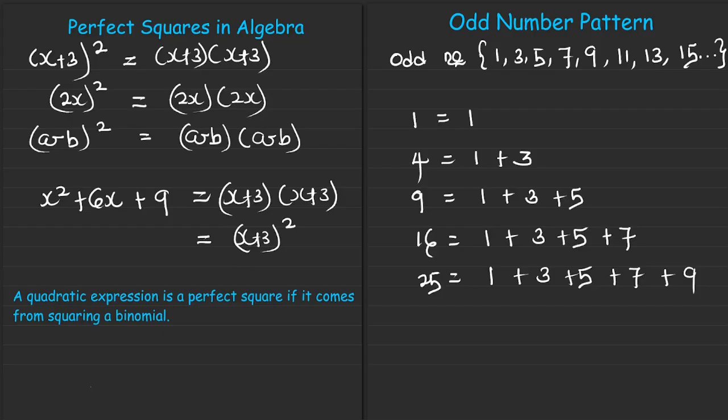So we will then get a pattern whose general rule is: for every perfect square that is n squared, if we want to add odd numbers to give us that perfect square, then it is the sum of the first n odd numbers.